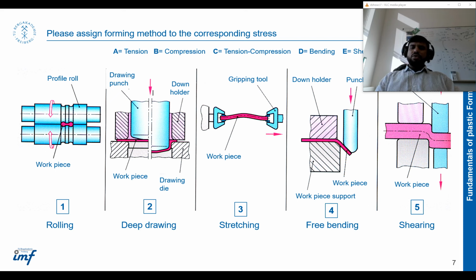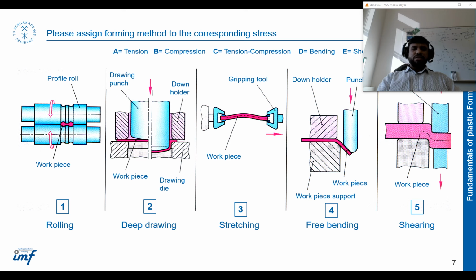Here in all these figures, the analogy is such that the red is our workpiece, which is being formed into a desired shape, and the blue is the tool which is shaping the material. So if I am using this process of rolling, what do you think is the applied form of load, A, B, C, D, or E?